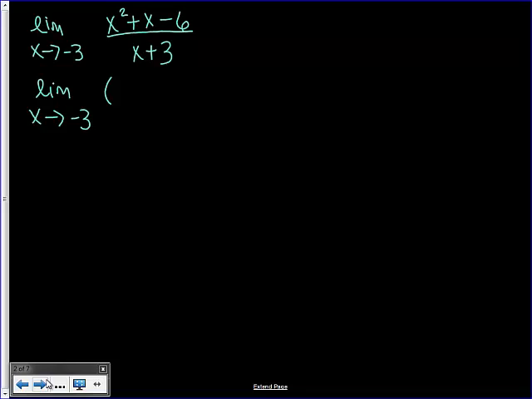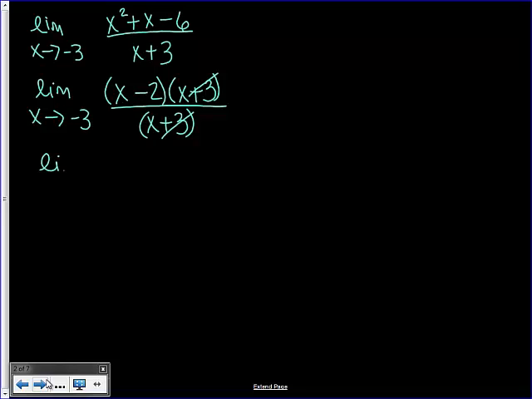Now, look at my x squared plus x minus 6. How can I factor that? I can factor that into x minus 2 and x plus 3 over x plus 3. What cancels? My x plus 3's. Now, let's plug in negative 3.